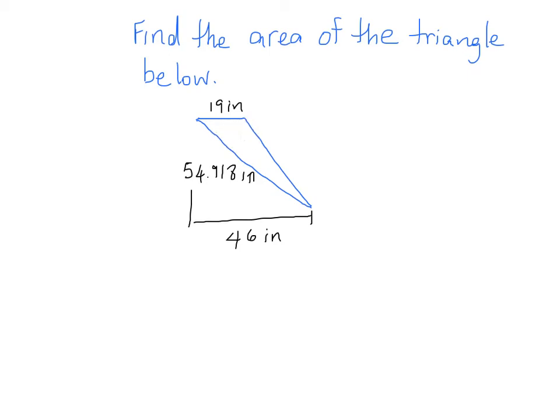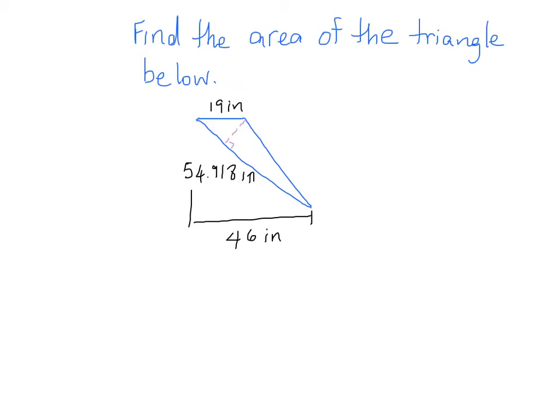Now, if this side were determined as our base, then our height, I'll draw that in a very light lilac here, would have to be perpendicular to that. Coming from the vertex of the other side, it would be that. So if our base is 54.918, that's our height. But that little lilac line would be extremely difficult to find because we don't have anything around it.